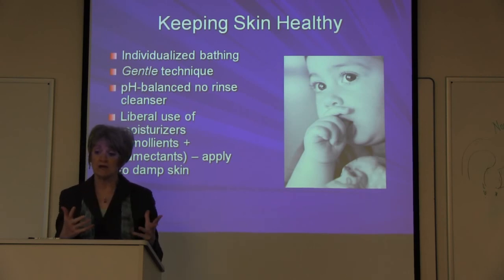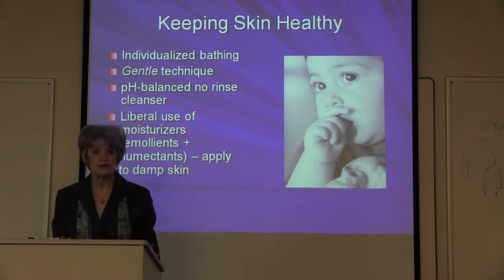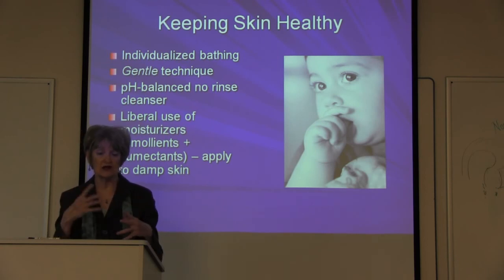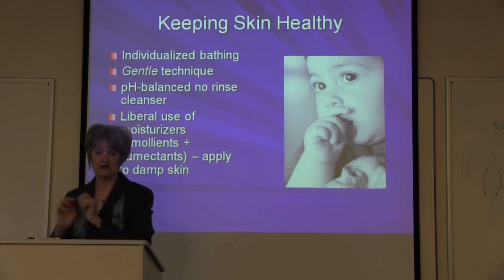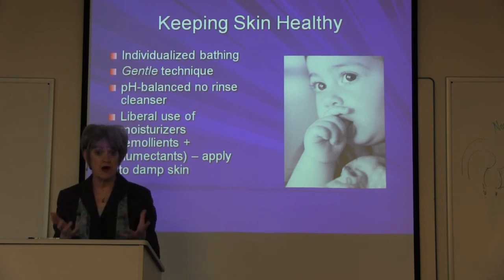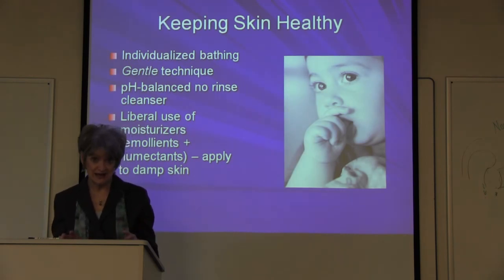Either totally disposable bathing systems where you have the disposable cloths that are already impregnated with the cleansers and the moisturizers that you heat, you apply, and you discard, or very soft baby-style washcloths and a pH-balanced, no-rinse, moisturizer-containing cleansing product.